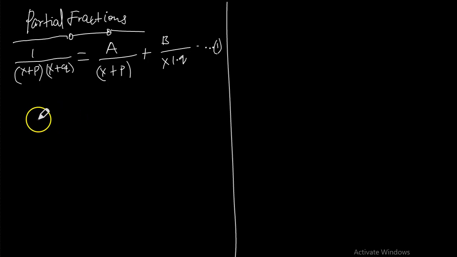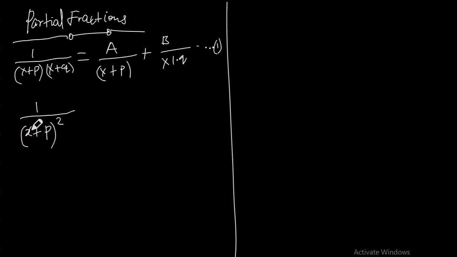Type 2 is when we have, let's say, 1 divided by x plus p squared. This is an algebraic fraction with a repeated factor in the denominator.